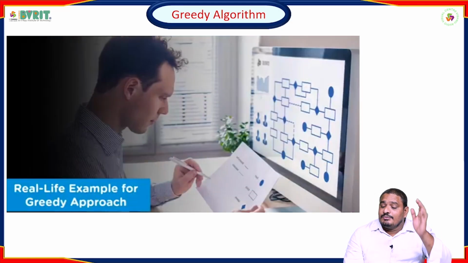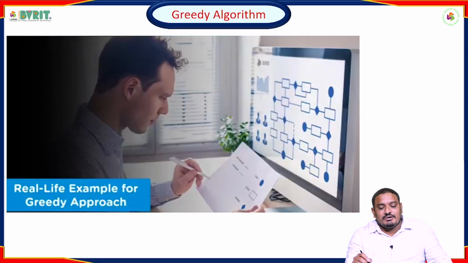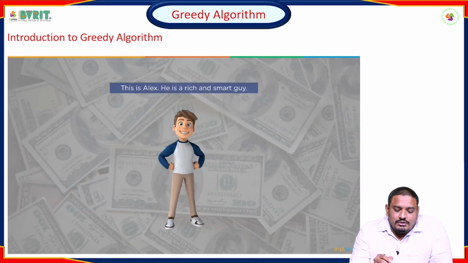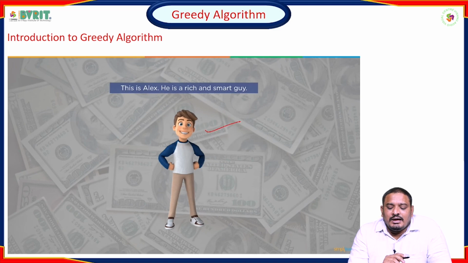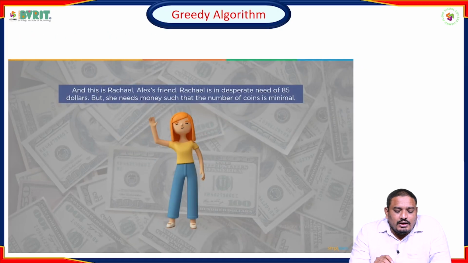Now, here is a simple real-time example for the greedy algorithm. This is Alex. Alex is a rich and smart guy, and Rachel is Alex's friend.